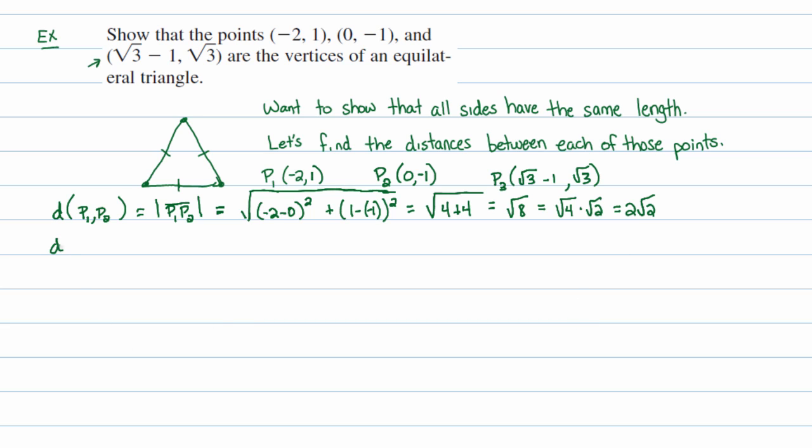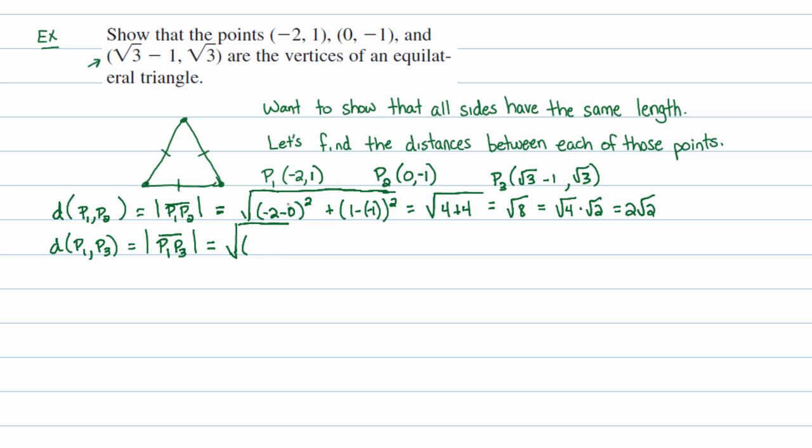Now let's find the distance between point 1 and point 3. This will be a gnarly computation because it involves point 3. So this will be the absolute value of P1P3, which equals the square root of, I might need a longer bar there for the radical, but we'll put that in after we're done here, the difference between the x values.